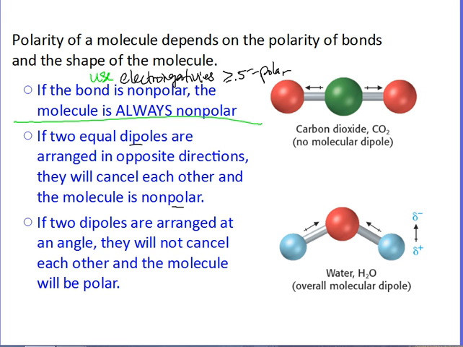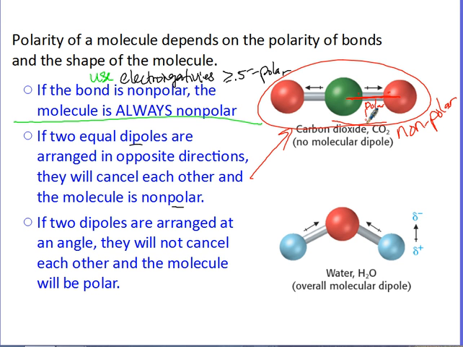And this picture right here shows you a molecule that overall is nonpolar, even though it has polar bonds. So this bond is polar, but the molecule is nonpolar because it's like playing tug of war. These 2 oxygen atoms are playing tug of war, and neither of them is winning. They're both equal, so it's a nonpolar molecule.